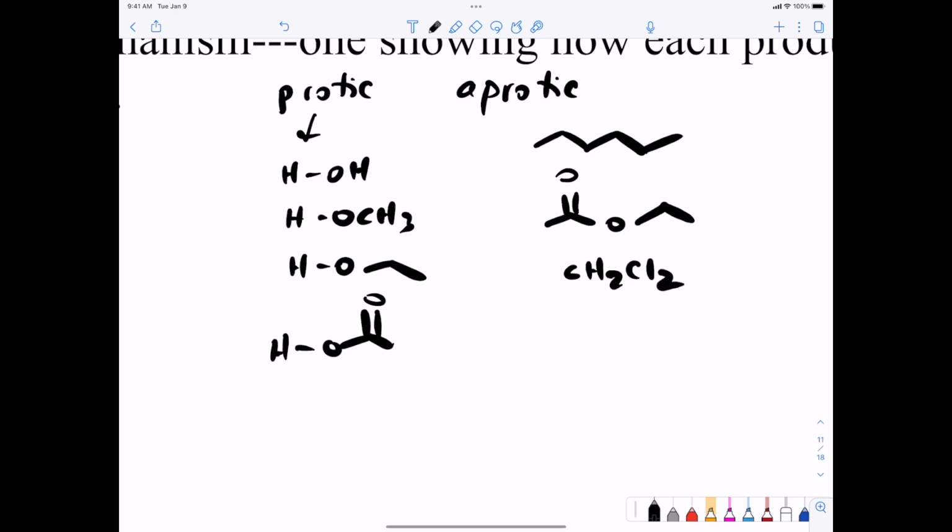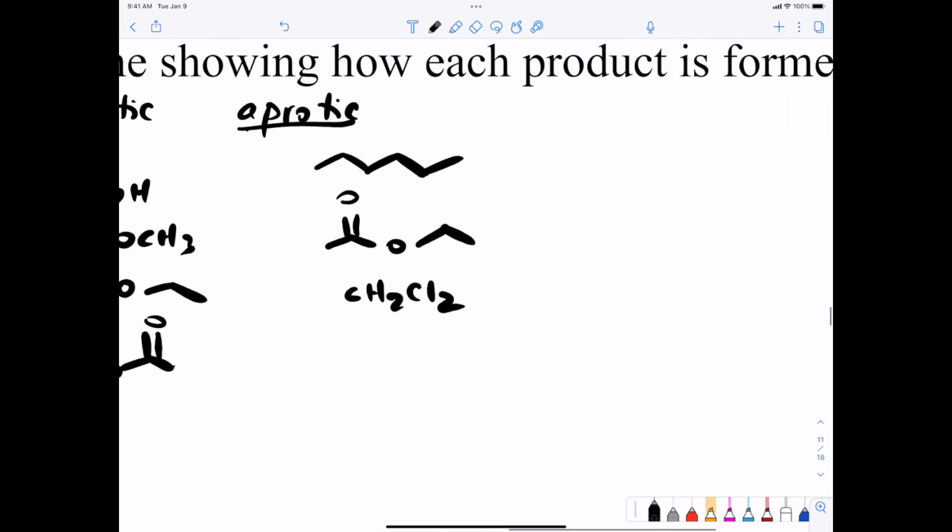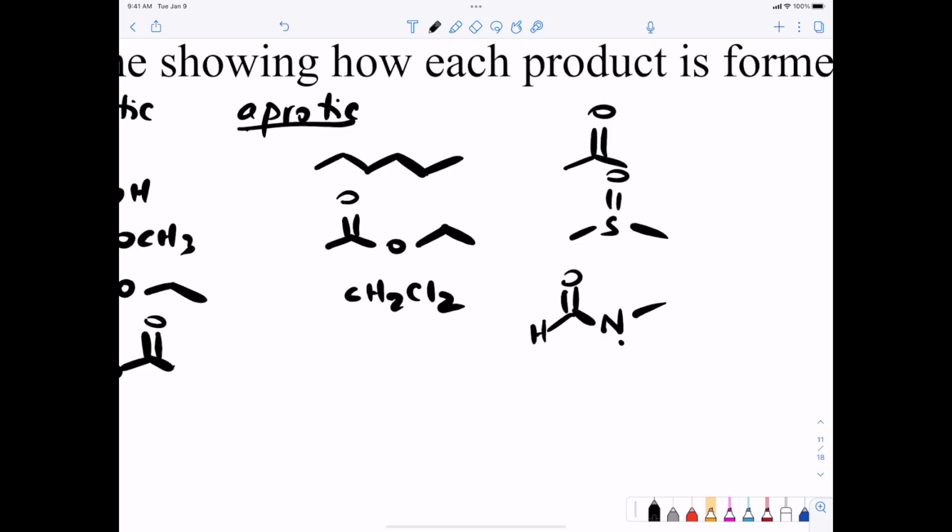Dichloromethane is another. When you go to take the organic lab, you'll encounter these solvents. Some solvents are nonpolar. Other solvents like acetone or DMSO or dimethylformamide are polar but still don't have acidic protons.